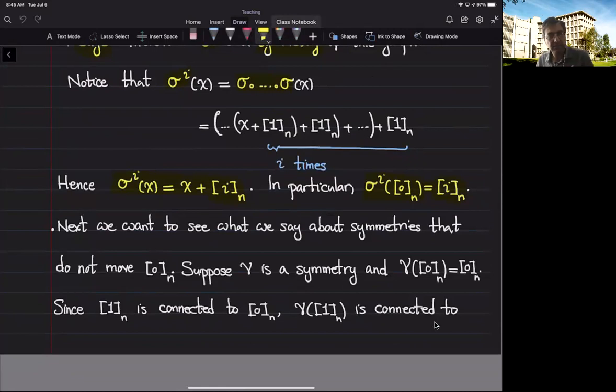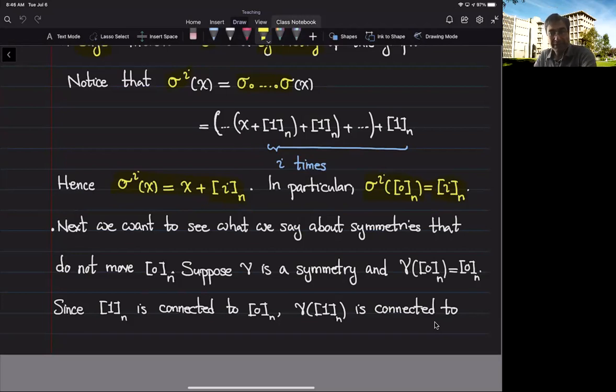This is a common technique that we use in order to understand symmetries of objects. It's similar to what we did with the symmetric group when we wanted to count the number of elements in the symmetric group. There, first we ask, where can we send 1? We realize it can be sent to everything. Then we ask, if we fix 1, then what happens to the rest? It's a similar idea here.